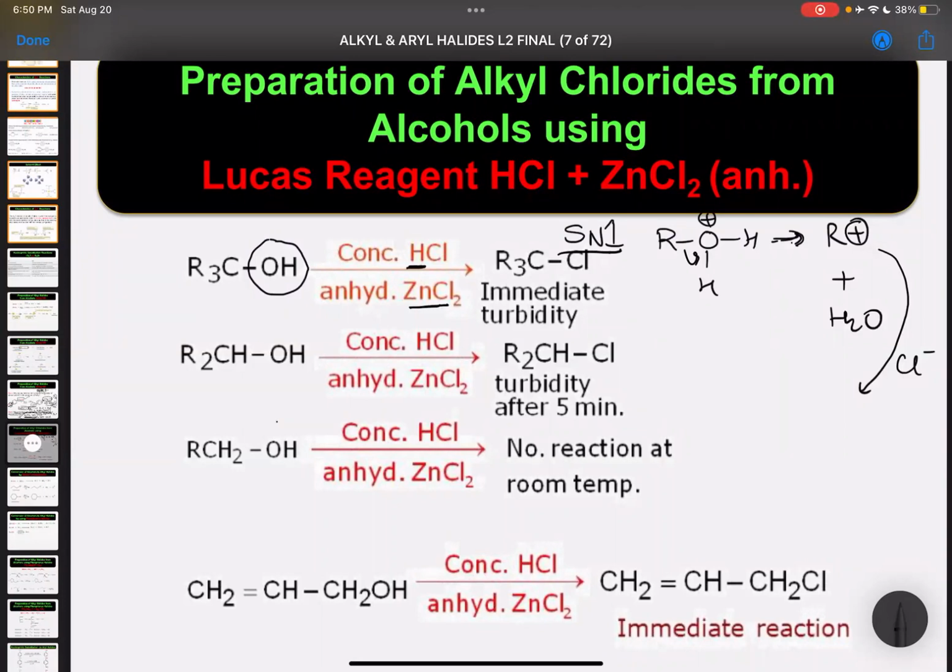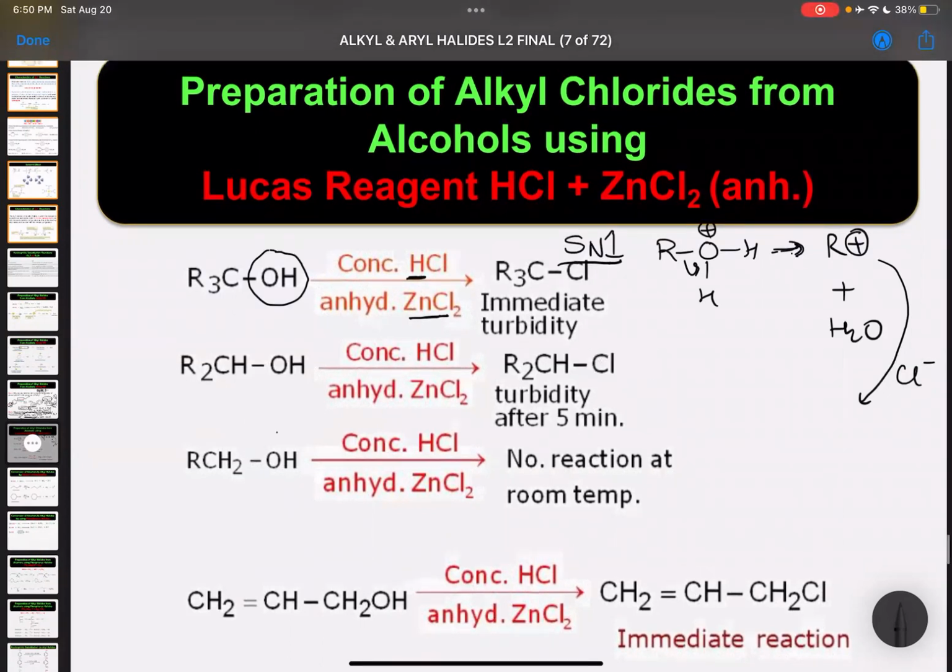So how can we identify that it is SN1? SN1 is a reaction in which the leaving group is so good that it comes out on its own before the arrival of the nucleophile. In this case it is water. Why is it such a good leaving group? Because water is a neutral compound.